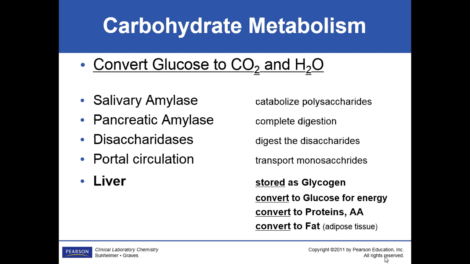In the metabolism, we're going to start breaking down these carbohydrates. Ultimately, we're going to get them broken down to CO2 and water. You ingest a carb. In your mouth, the salivary amylase is going to start breaking down those great big polysaccharides.